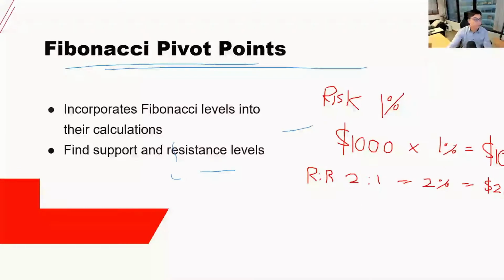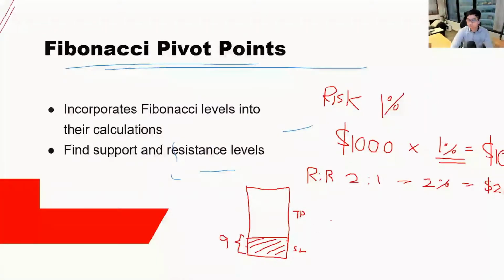So how do I calculate the lot size for the 1%? I'll just draw it out. This is how TradingView looks like. So we have the stop loss level, the SL, and the take profit area. Let's say we have a stop loss of 9 pips, plus commission, which equals 10 pips.